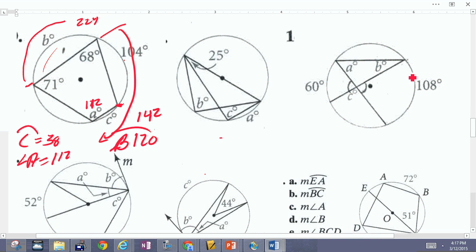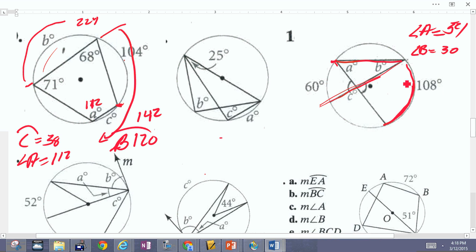We have angle A, which is an inscribed angle opening up to an arc of 108, so it must be half of that. Angle A is 54. Angle B is an inscribed angle which opens up to an arc of 60, so angle B must be half of that, which is 30.